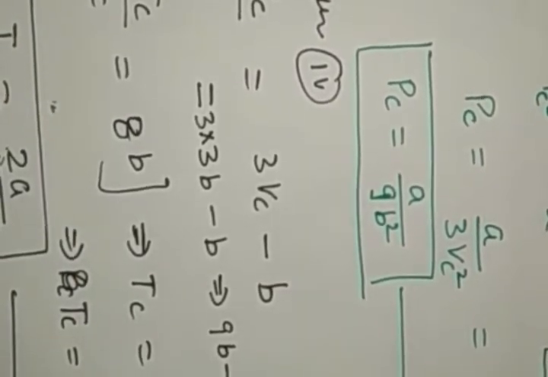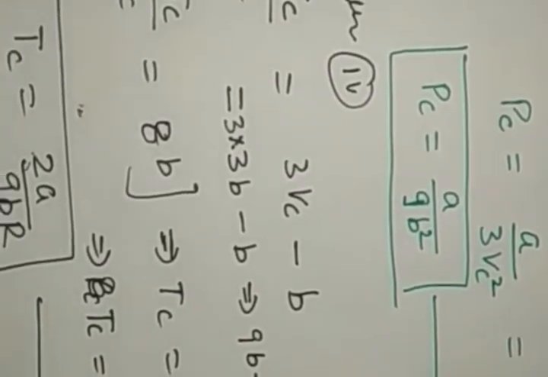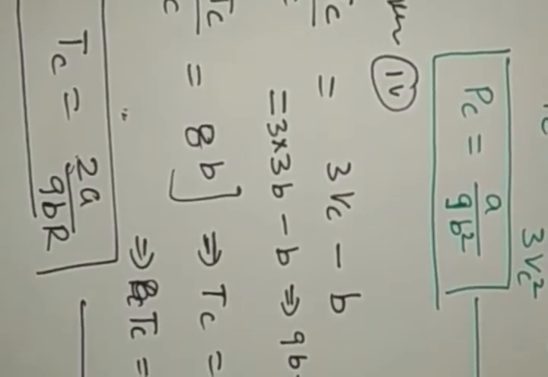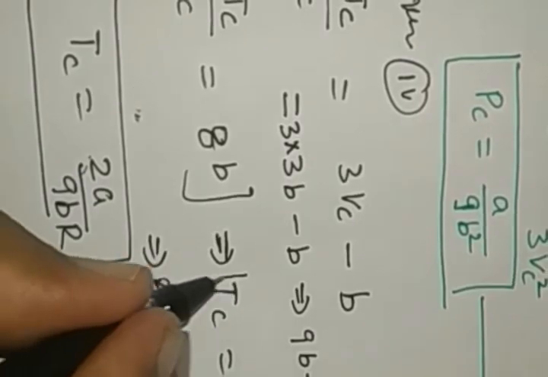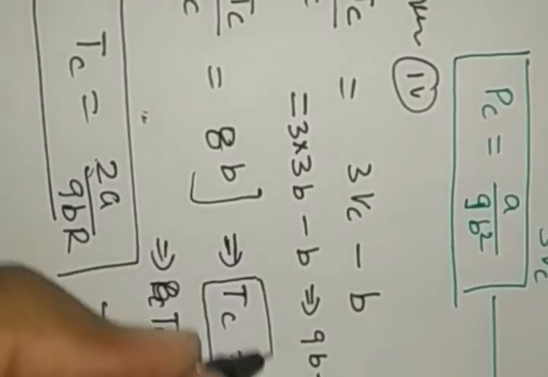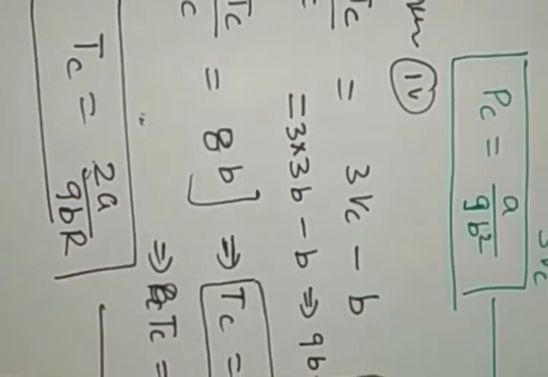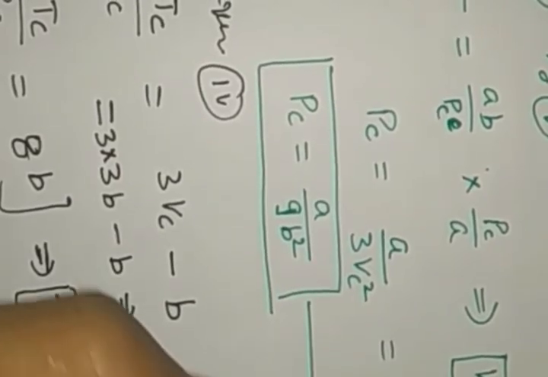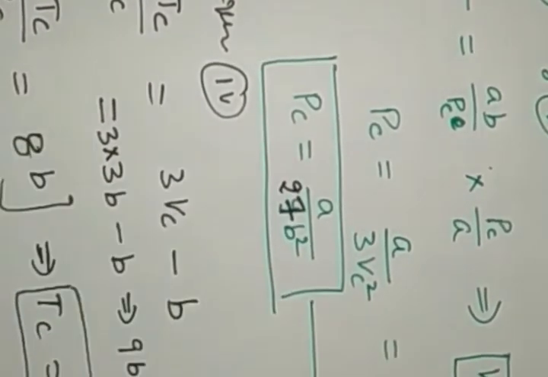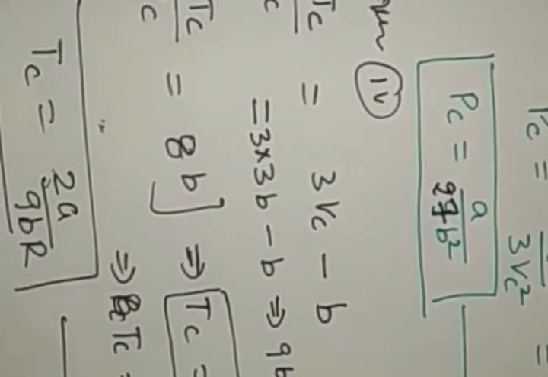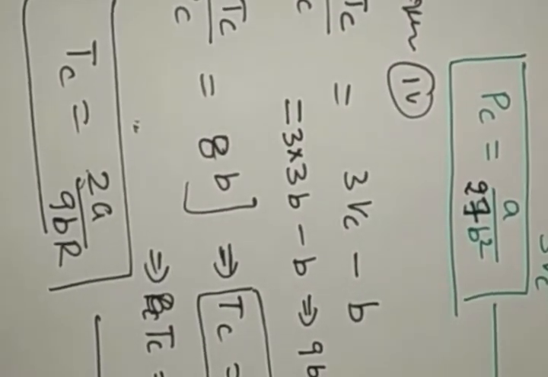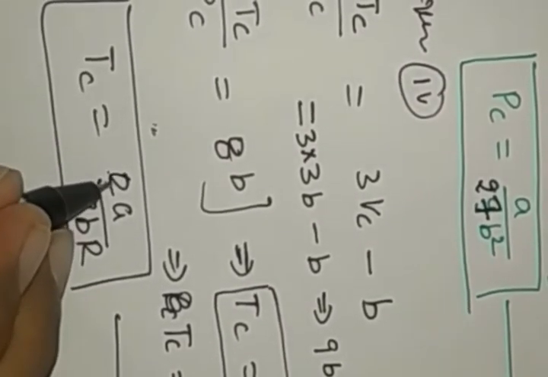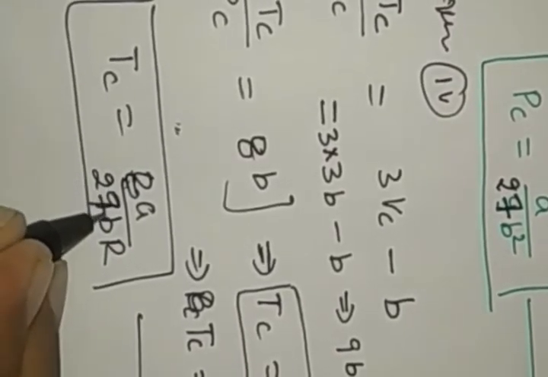Now this implies that it is 8B Pc by R. So this is Tc equal to 8B Pc by R. Pc is given here as A by 3B whole square. 3 3s are 9, so this is 27. Now keeping this value here, we may write 8 and in place of 9 it is 27. So this total makes 8A by 27BR.